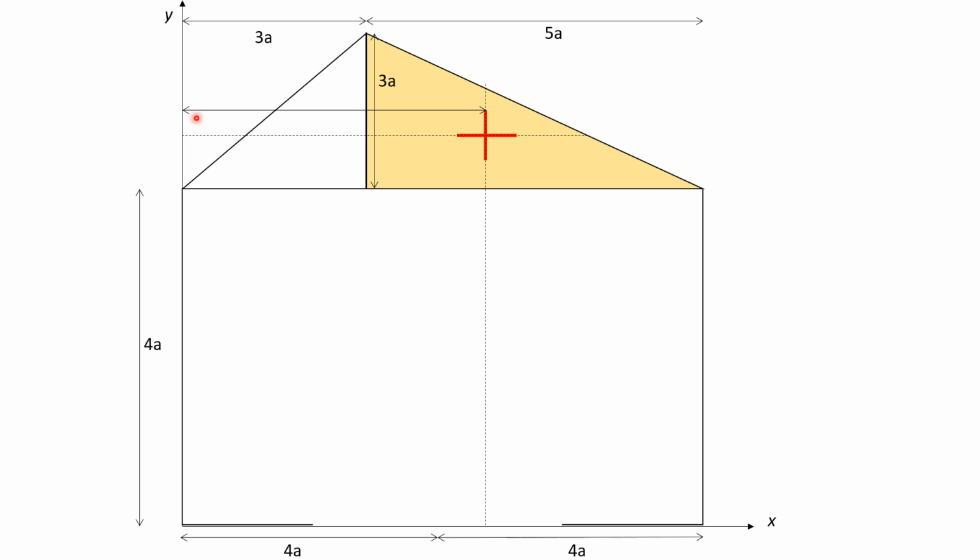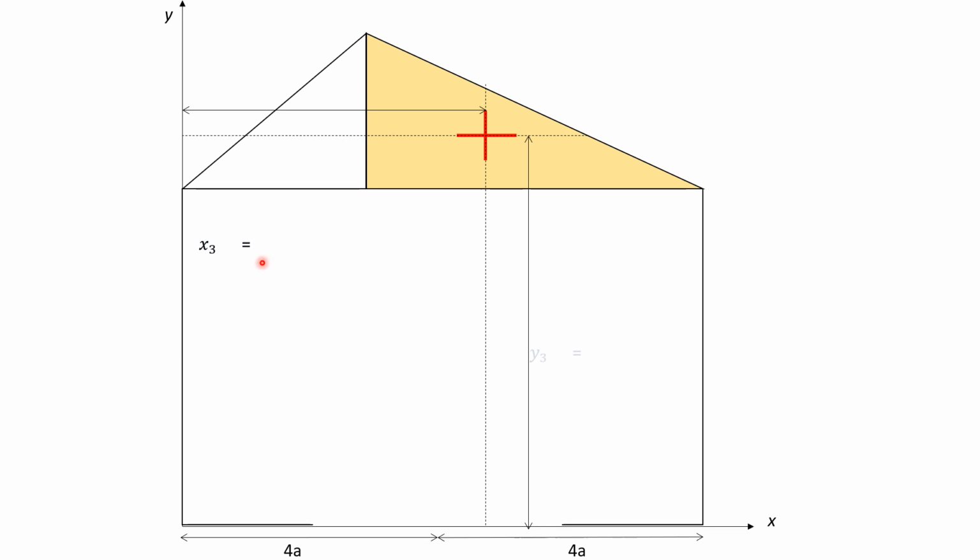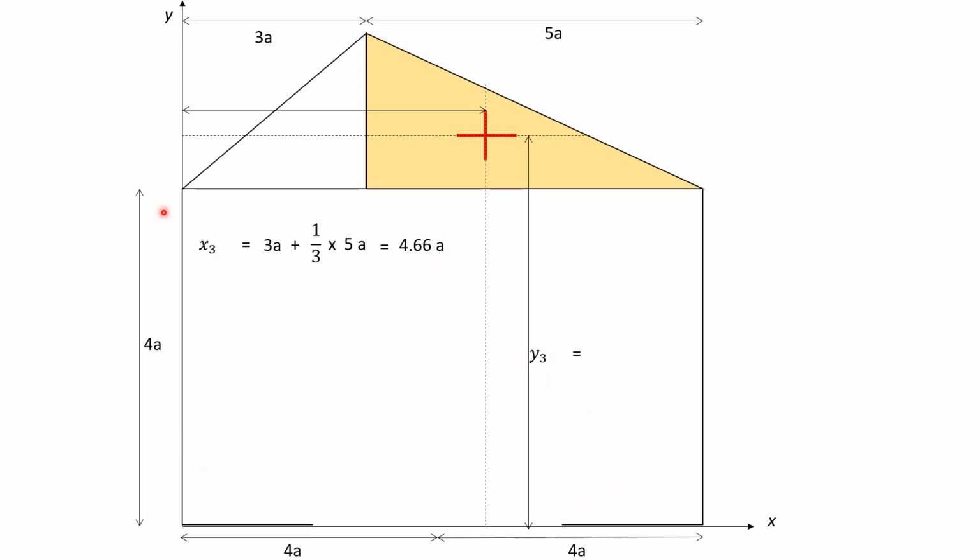So x3 equals 3a plus 1/3 of this distance, and we get the value of x3. And for y3, we get the value this distance 4a plus 1/3 of this distance, 1/3 of 3a. We get y3 equal to 5a.